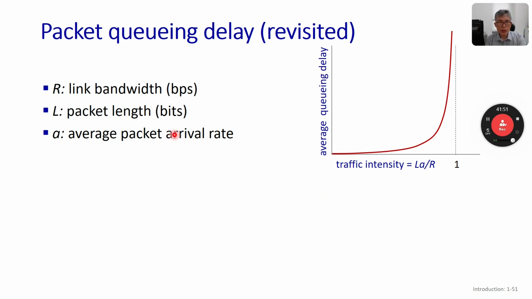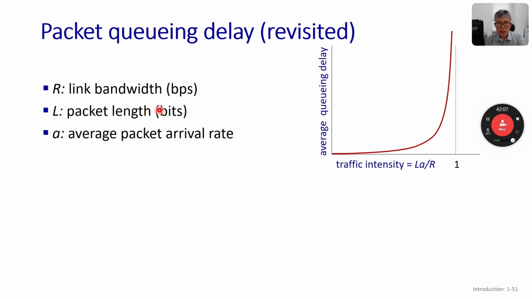Let's move on to packet queuing delay. This curve shows traffic intensity, meaning traffic volume or density.